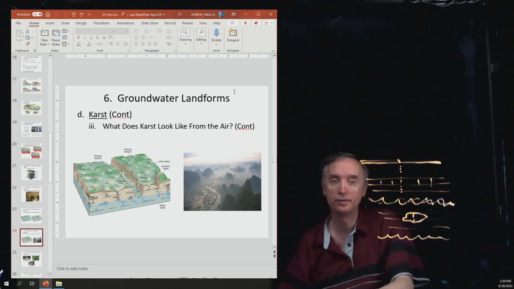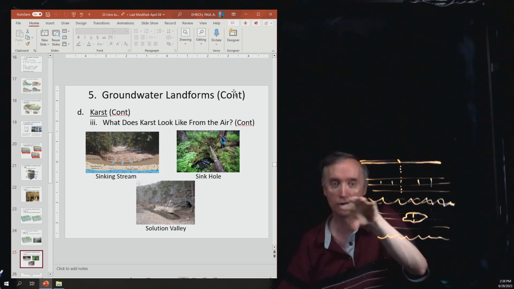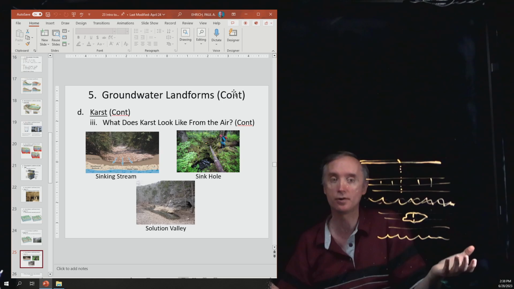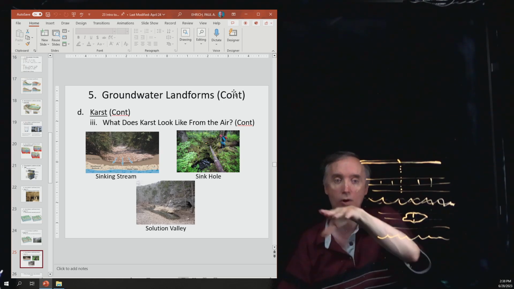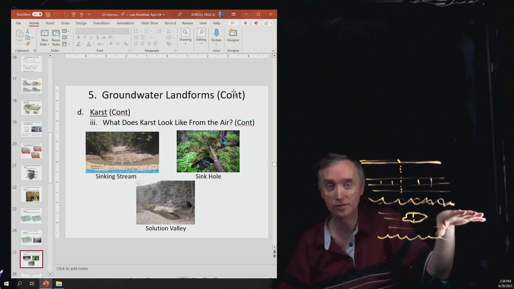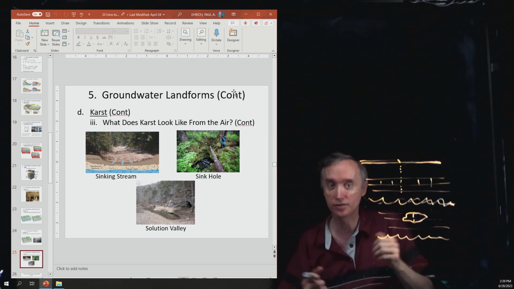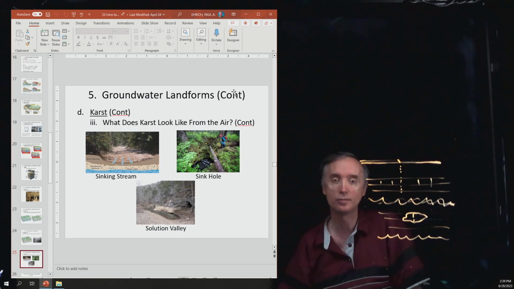Okay, another example would be a sinking stream. A river that's flowing, and then all of a sudden it just disappears. That's because the water is going under the ground, and it can reappear somewhere else as a spring. And so the river can continue somewhere else. Okay, we already mentioned sinkholes, and we already mentioned a solution valley.